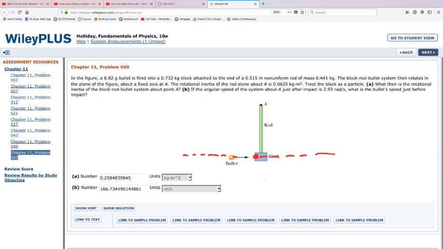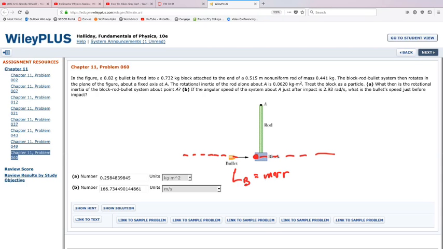Do you remember? Remember mvr? The bullet has momentum mv, distance r away. One definition of angular momentum is take the regular momentum and multiply by its distance from the axis. So there's the angular momentum of the bullet.